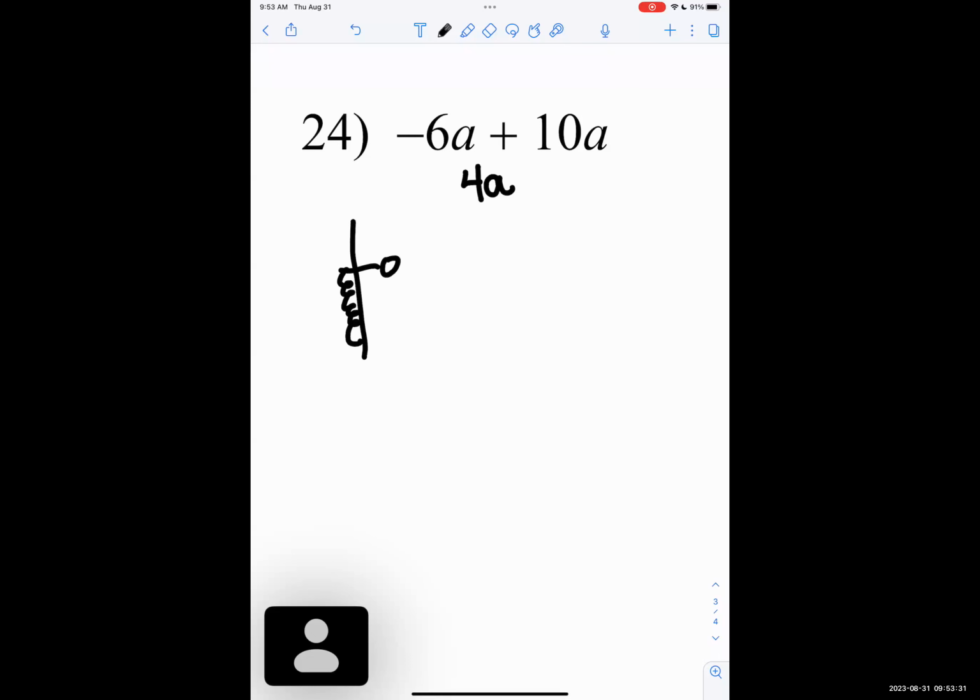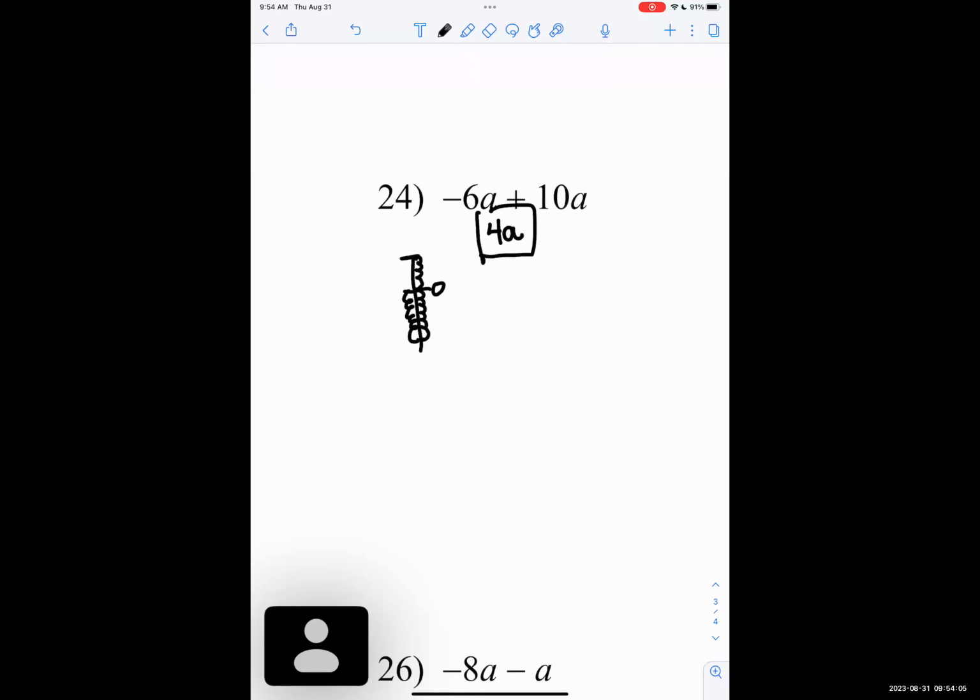So we went down 6, up 10, we end up at positive 4. So this is where some of you have a very strong foundation. Some of you have gaps, and maybe we need to talk about that, depending on how your pre-algebra class and algebra class went. So you guys are coming from very different backgrounds. So here's the answer for A.